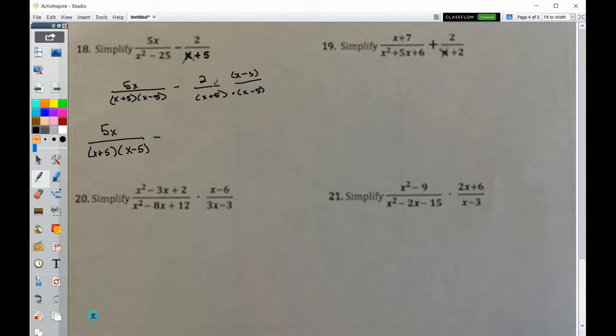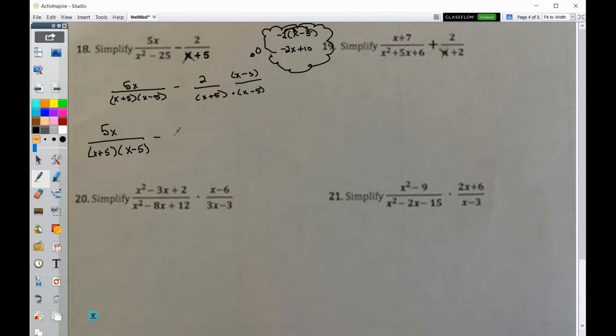When I distribute, what I'm thinking, a little thought bubble here, is negative 2 times the quantity x minus 5. Negative 2 times x is negative 2x. Negative 2 times negative 5 is a positive 10. That's how I would do that problem.